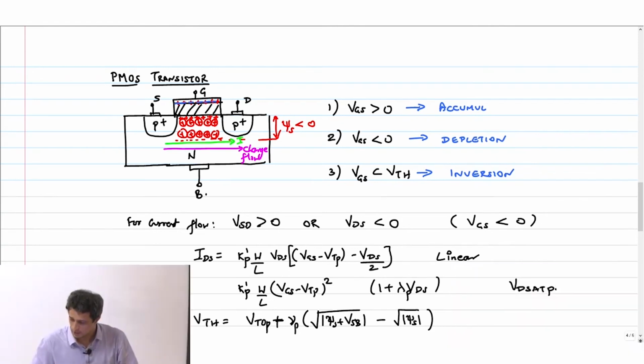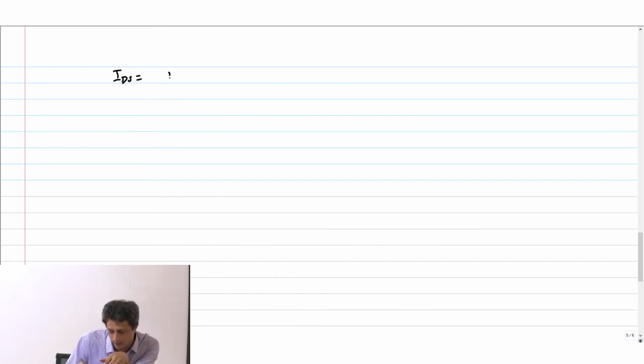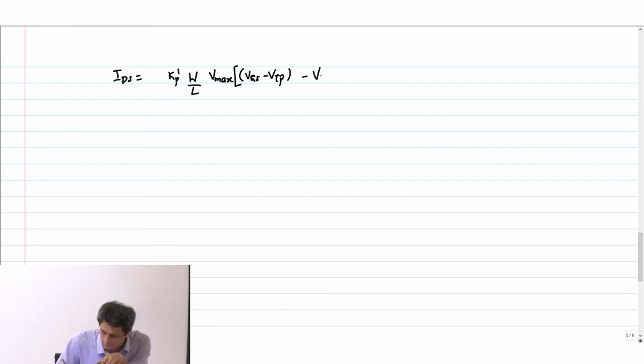So let me just write the unified current model for a PMOS transistor. IDS will be Kp prime W by L into V max, I'll tell you what that is, VGS minus VTP minus V max by 2 into 1 plus lambda P into VDS.